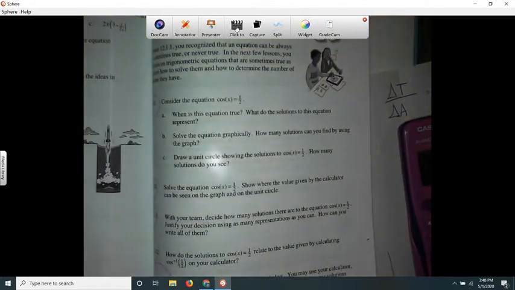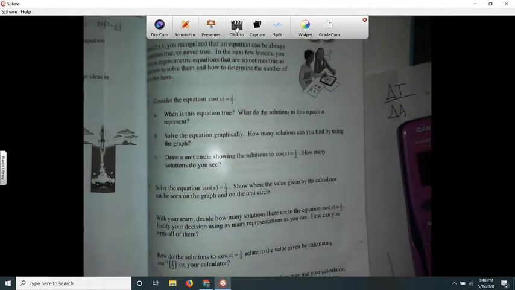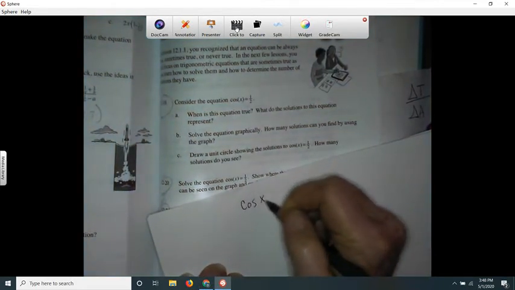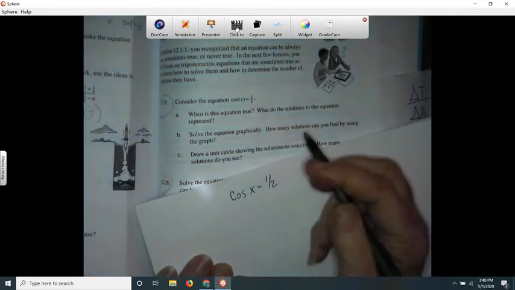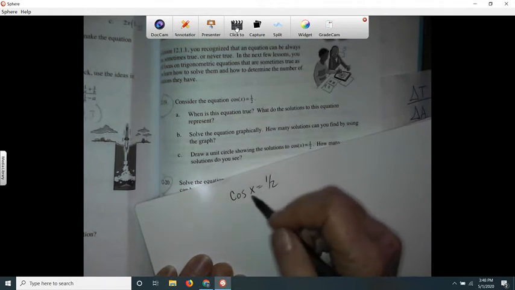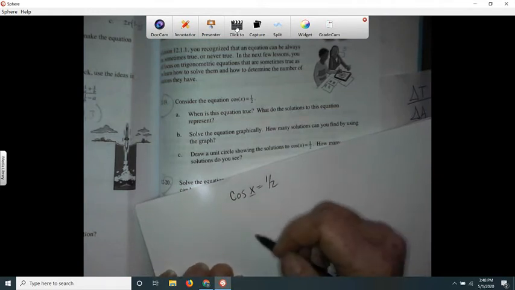So I'm going to just spill the beans and tell you how you can write that, in the interest of time. We know that cosine of x equals a half. We know that x is equal to 60 degrees.